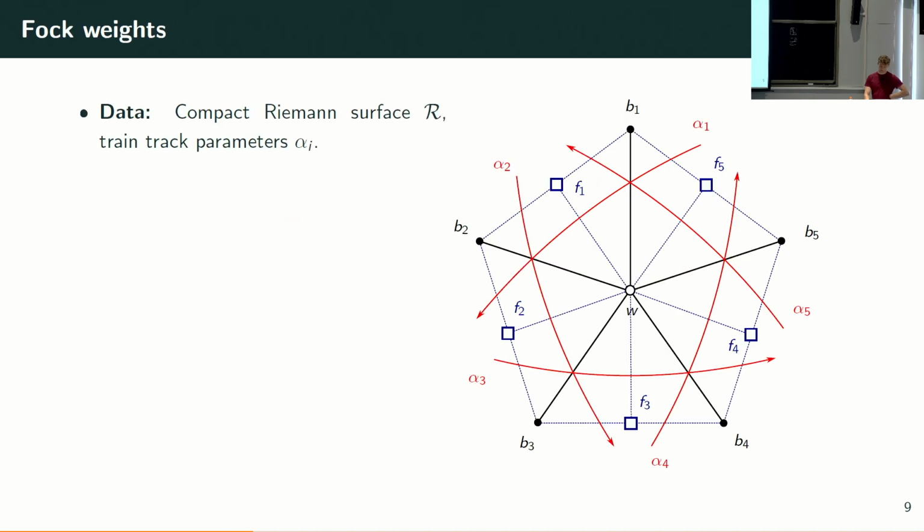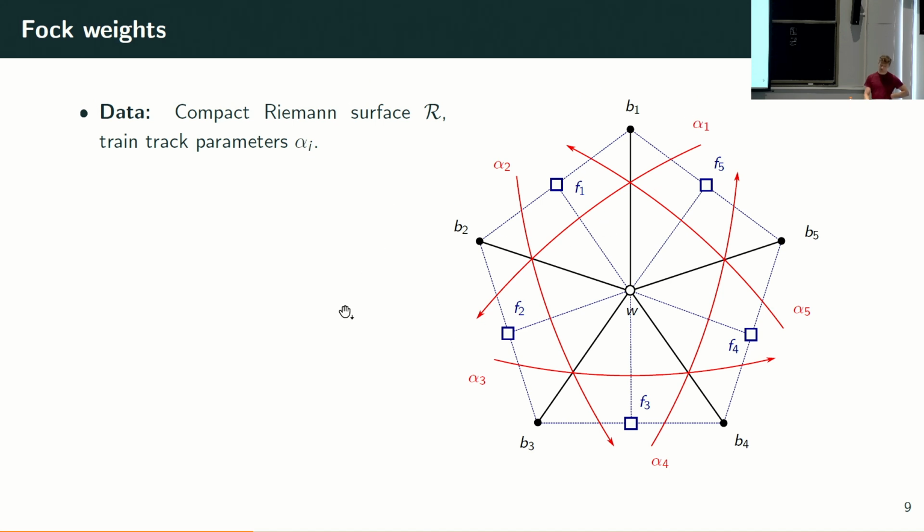All right. So this is what this configuration looks like around one vertex. The data that we have is a compact Riemann surface of some genus, and parameters which are just points that lie on that Riemann surface somewhere, which I call alpha_i.